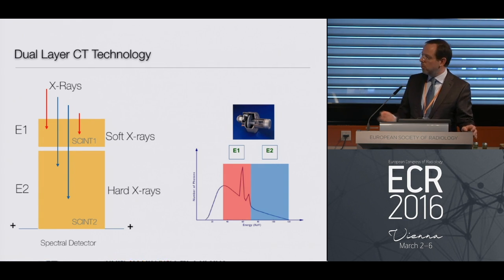We have a top layer which catches the soft X-rays, the low energy photons, and the bottom layer catches the hard X-rays, the high-energy photons. There's very little crosstalk between these layers, and in principle, we can use this information, energy 1 and energy 2, to say something about what's going on in a certain voxel.